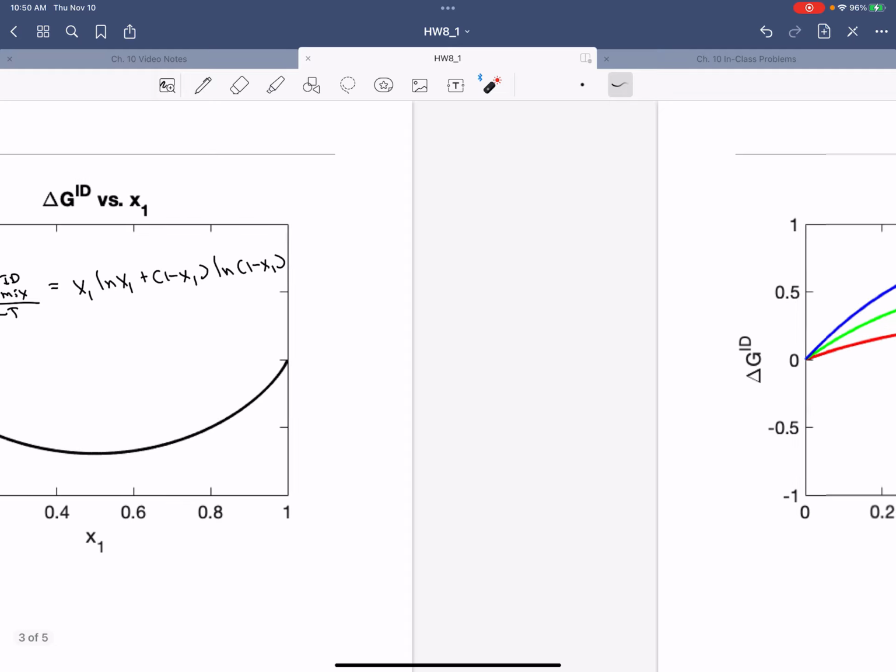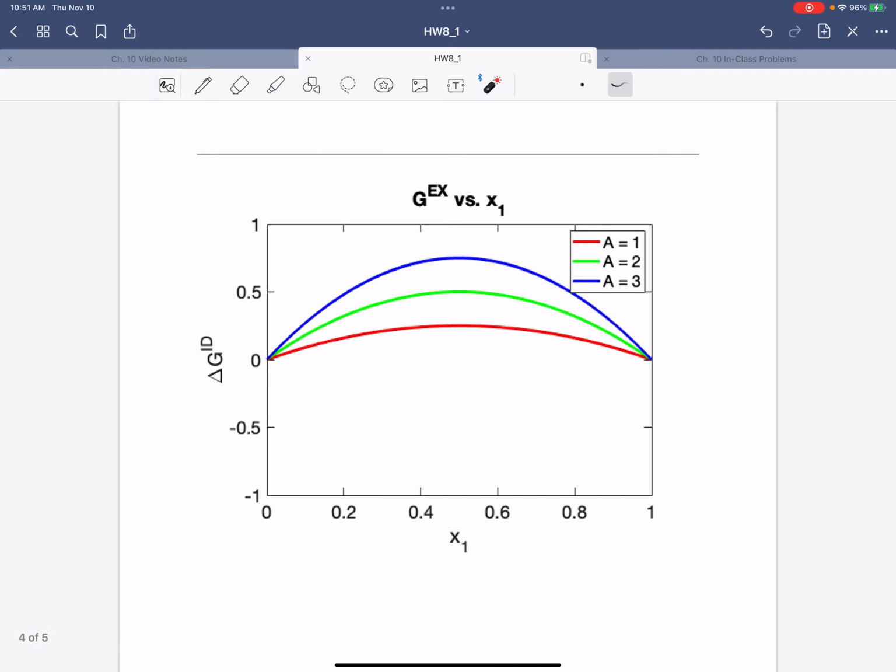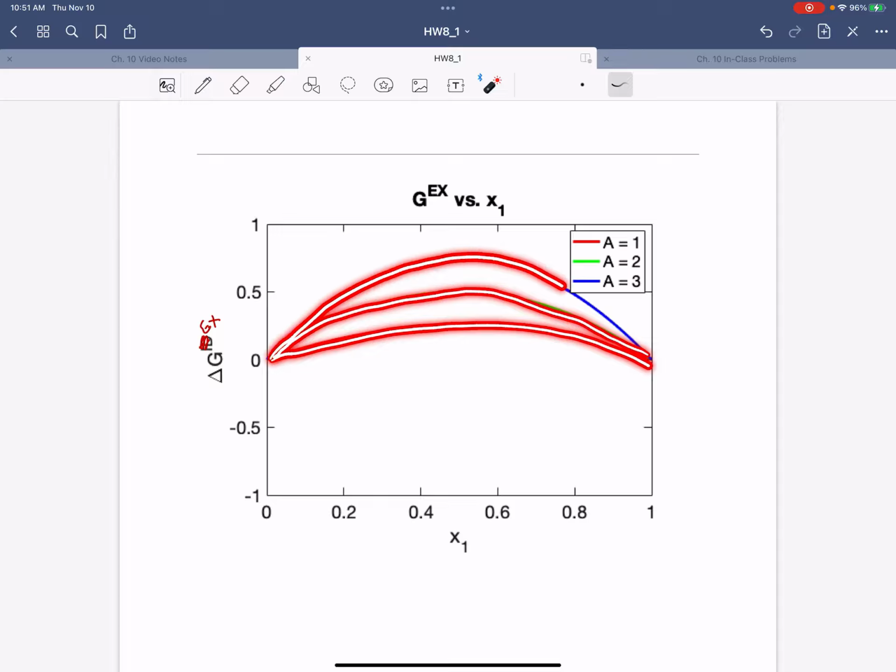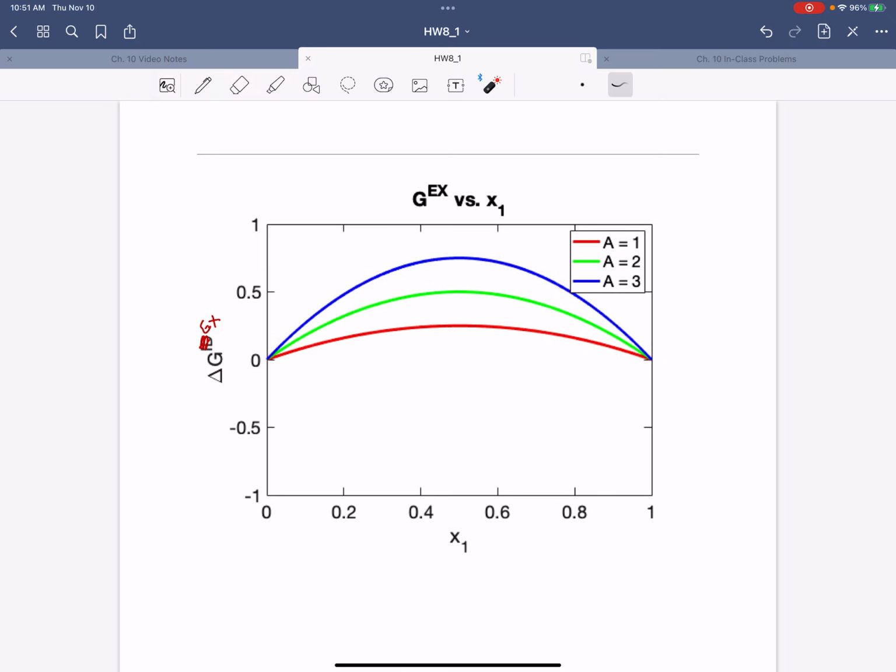Let's now look at the excess term. And so once again, this excess term accounts for non-ideal interactions. And so we see here that the excess term has the opposite contribution. In all cases, it's positive, right? And remember, species want to minimize their Gibbs energy. They don't like large amounts of Gibbs energy.